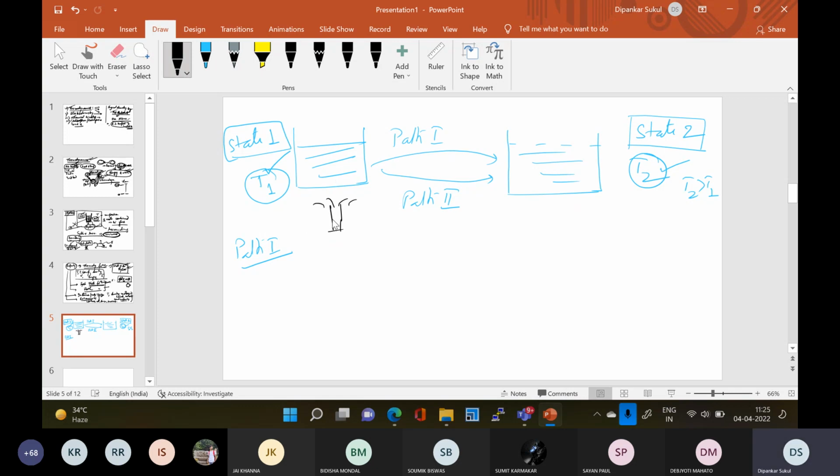When I am using a Bunsen burner, that means heat is going from the surrounding into your system. And as a result, ultimately temperature will be increased from T1 to T2. That means in path 1, heat is positive. Q positive means the system is absorbing heat.